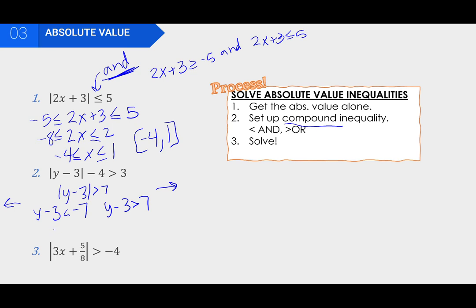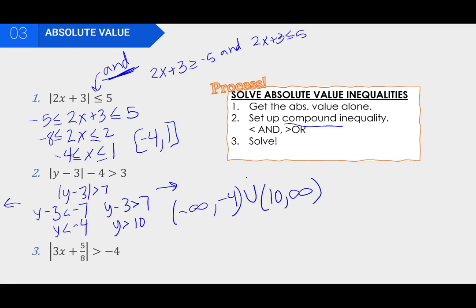Solve, add 3, y is less than negative 4. Add 3 on this one, y is greater than 10. So our interval notation, because there's no equal to, we'll have parentheses, starting at negative infinity all the way to negative 4, and then 10 all the way to positive infinity, and our union sign in the middle.